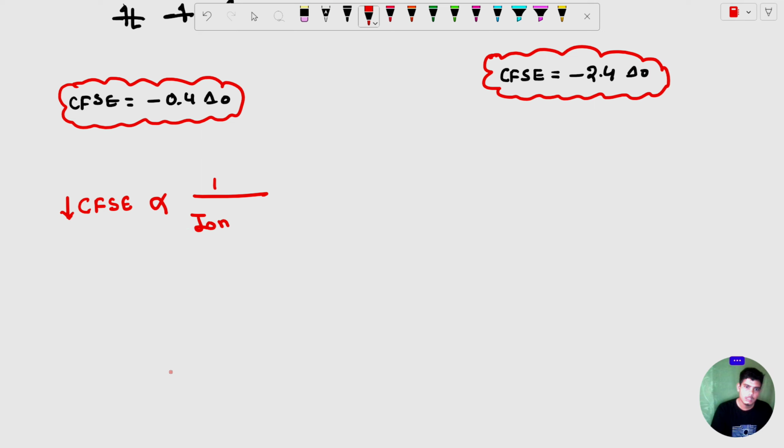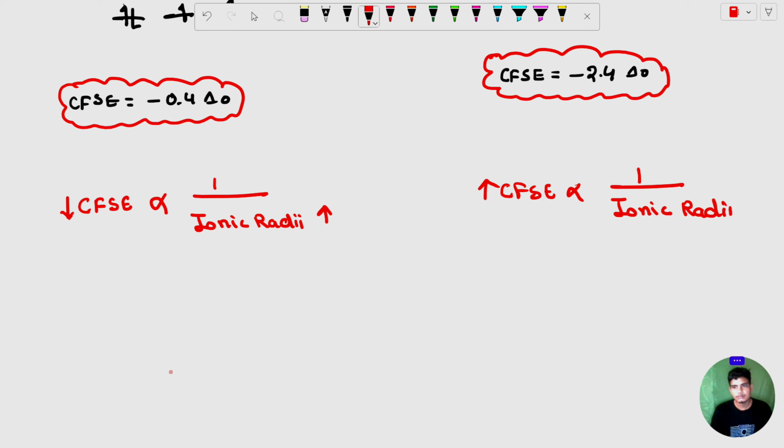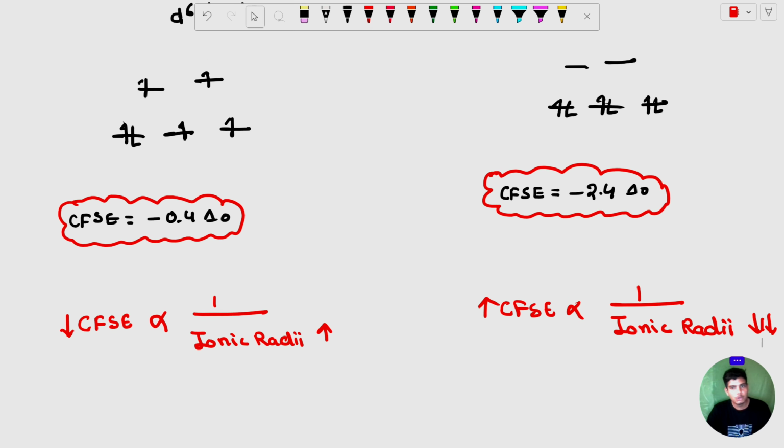Okay, and in oxymyoglobin, if the CFSE value is much higher, then the ionic radius is much smaller. Okay, and this is a final representation of deoxymyoglobin and oxymyoglobin.